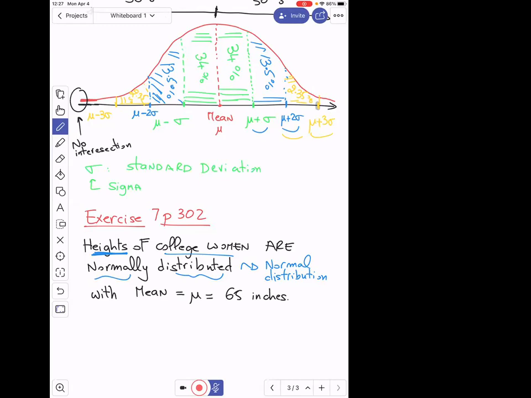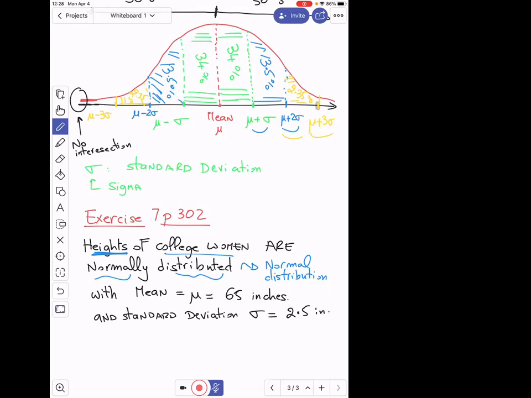So the mean is 65 inches and the population standard deviation is 2.5 inches. Not S, but sigma. It's a population standard deviation, so it's 2.5 inches.